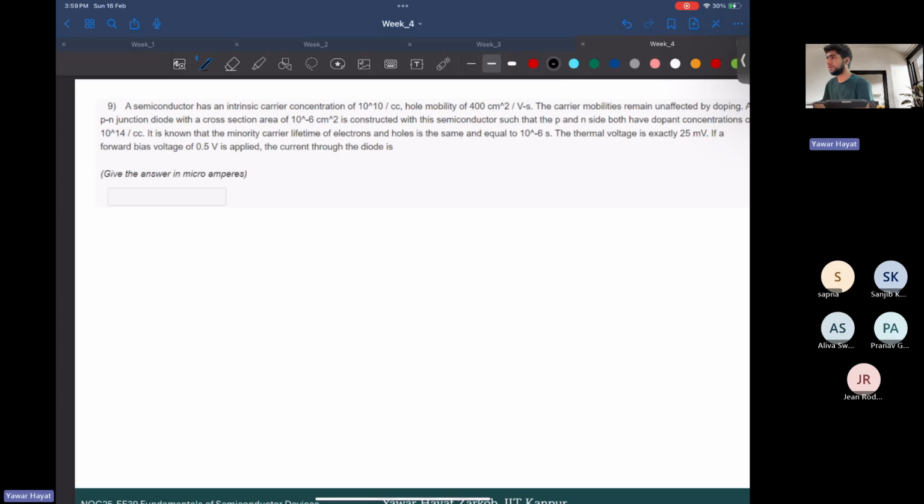It is known that the minority carrier lifetime of electrons and holes is the same, and equal to 10 to the power minus 6 seconds, 1 microsecond. Your thermal voltage is exactly 25 millivolt, right?